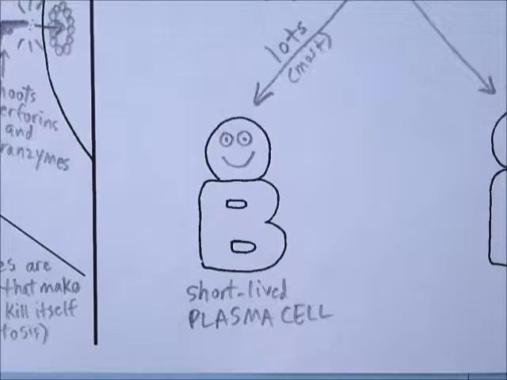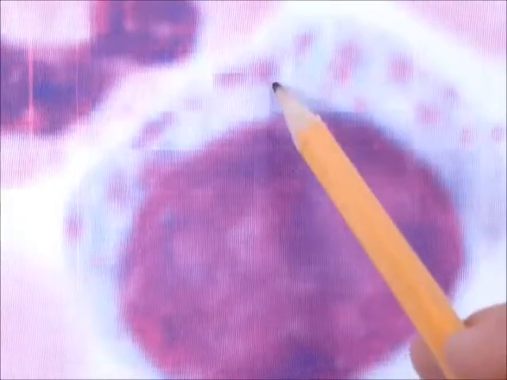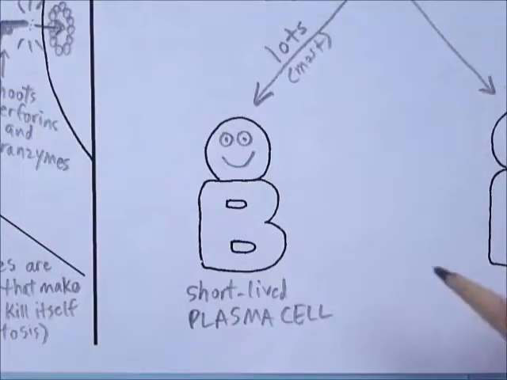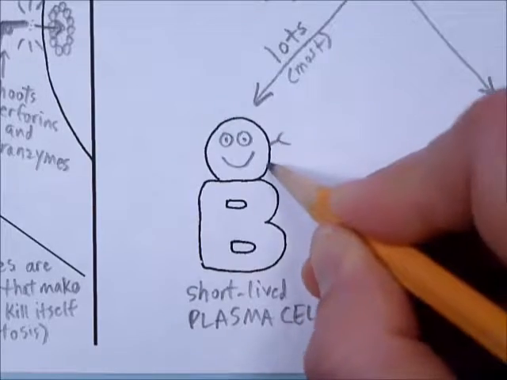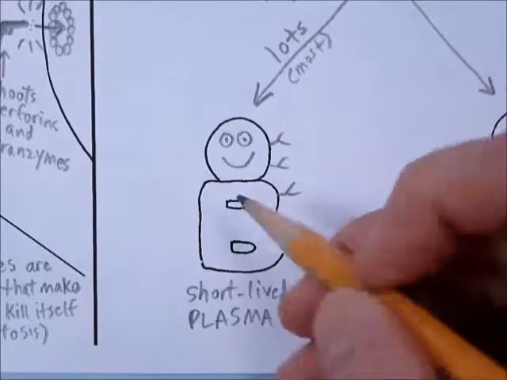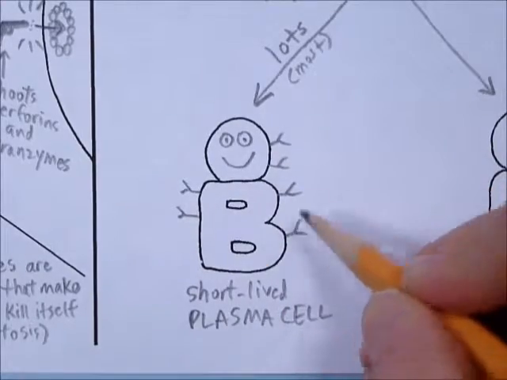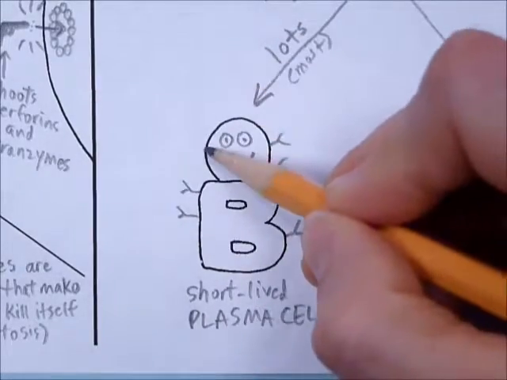And we even looked at a picture of one. There. And you can tell a plasma cell because it starts getting all these little dots in the cytoplasm. And it is making antibodies. Lots and lots and lots. Cranking out thousands, probably millions of them.